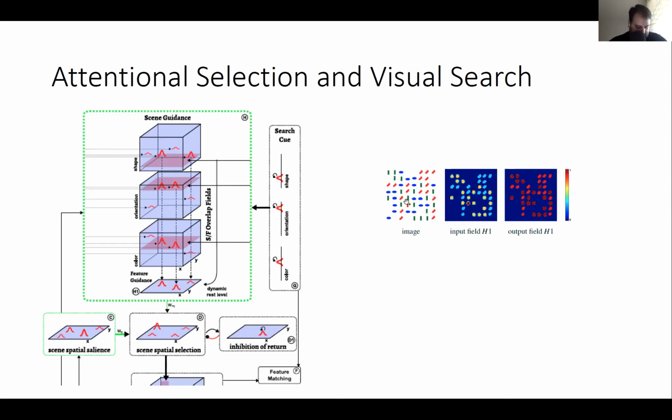Here we actually see an example image, and we see that in the input to this field there's a linear activation pattern, meaning that the target has an activation of 3, the object sharing 2 features has an activation of 2, and the object sharing 1 feature has an activation of 1.